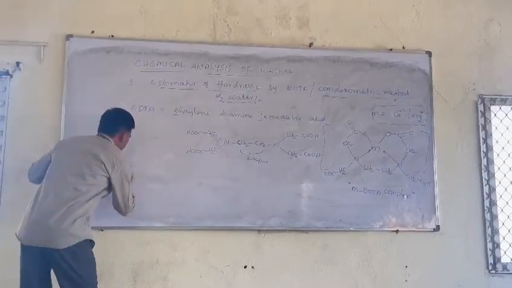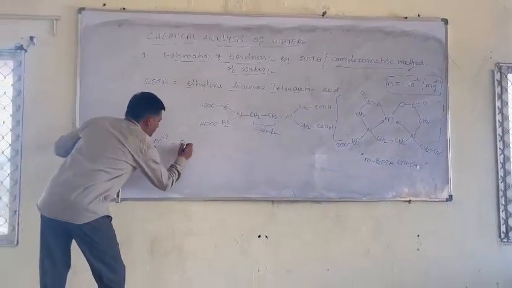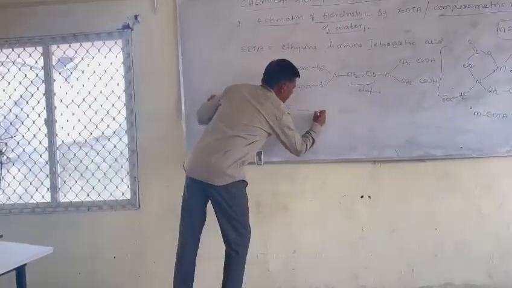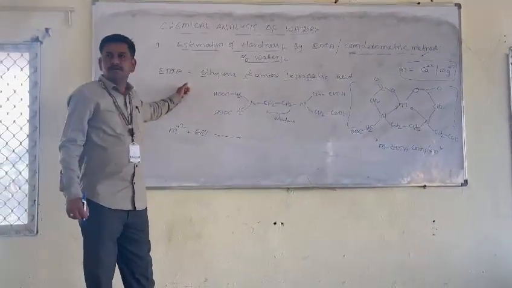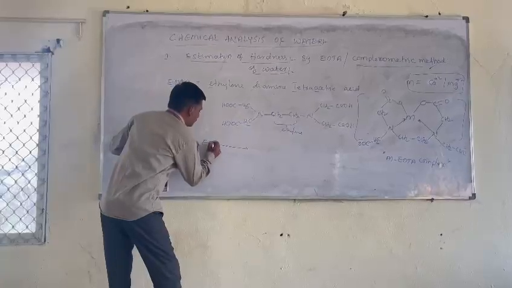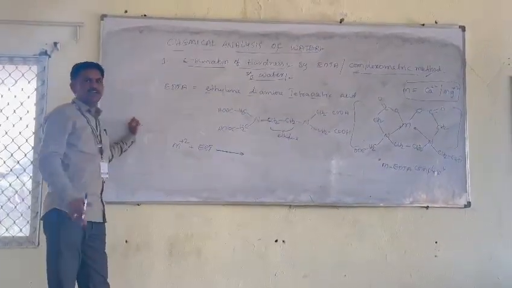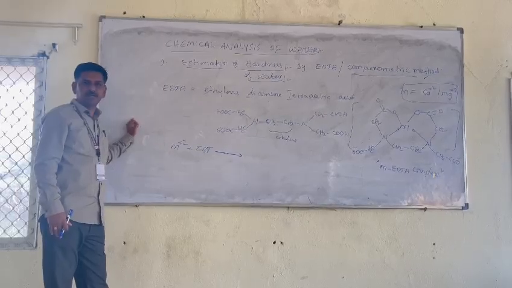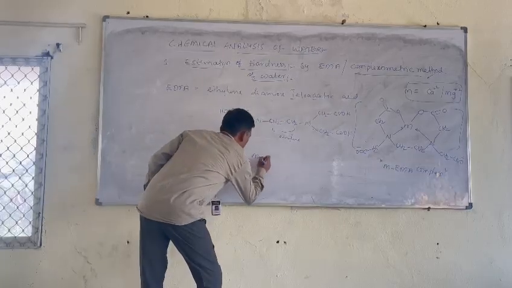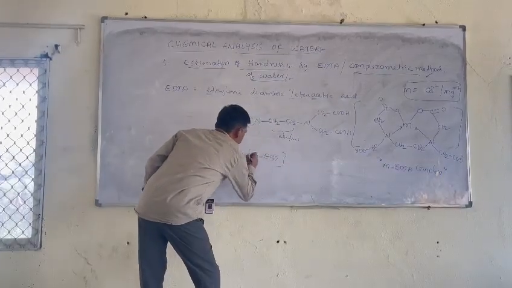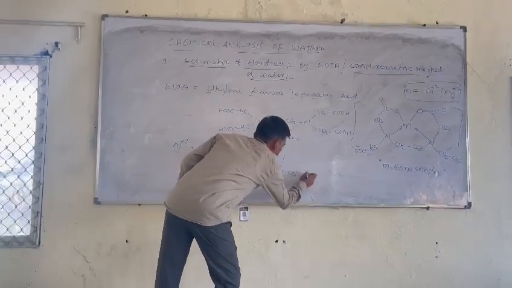So that is the first reaction. When M plus 2 ions react with the EBT indicator, which we use in this titration method, useful for identifying the end point or equivalence point by color change, the metal EBT complex is formed, which is wine red in color.